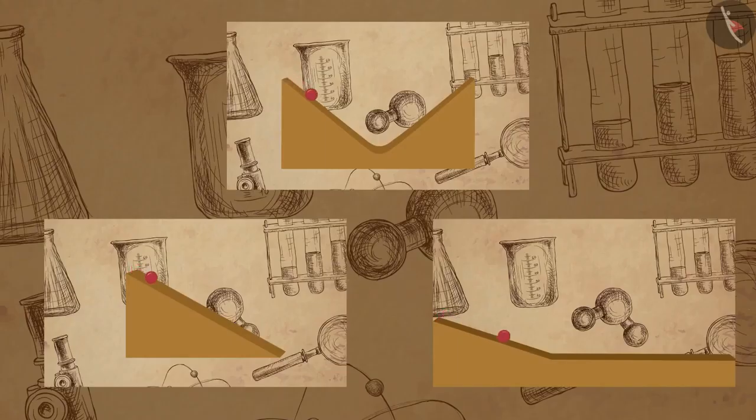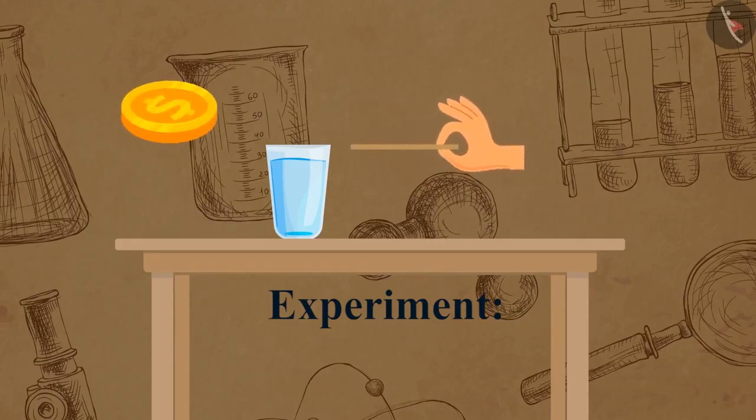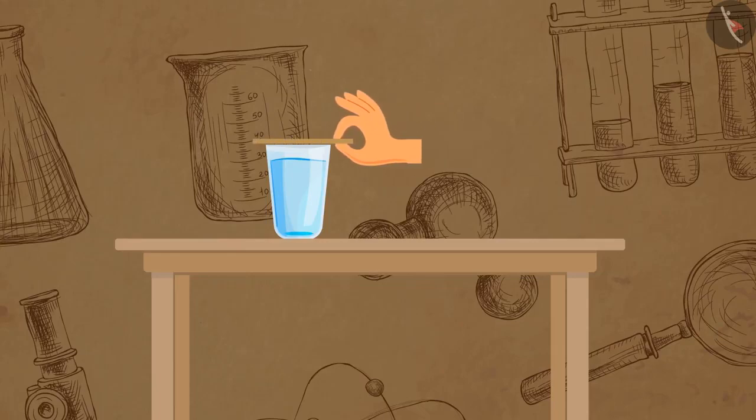Let us do another simple experiment to observe the effect of inertia. Let us take a glass, a card large enough to cover the mouth of the glass, and a coin. Place the card above the glass such that it covers its mouth and then place the coin on top of the card.